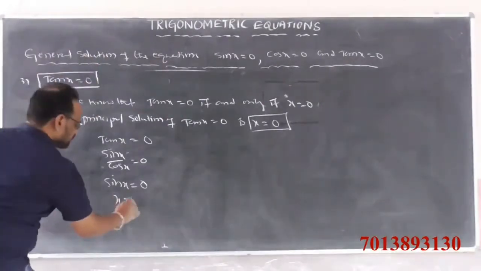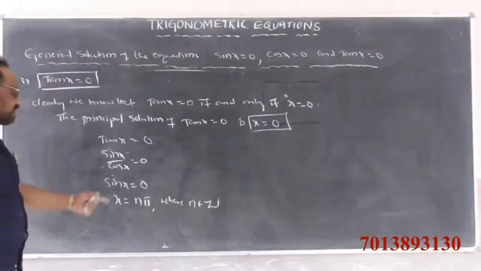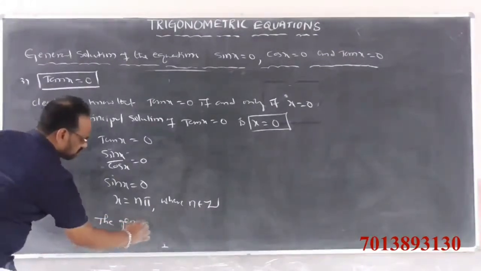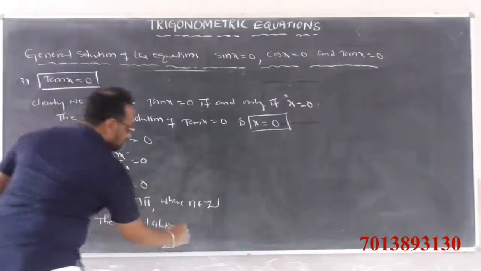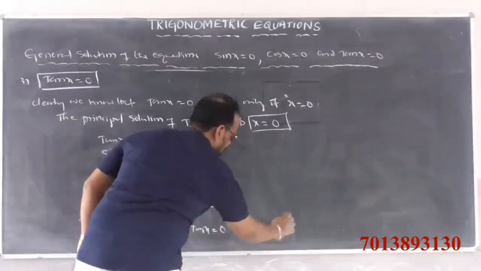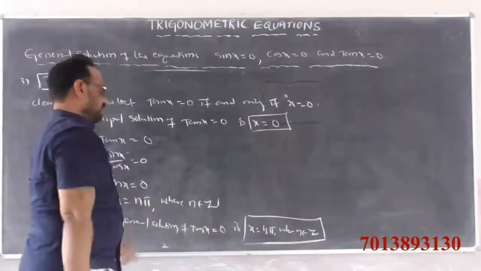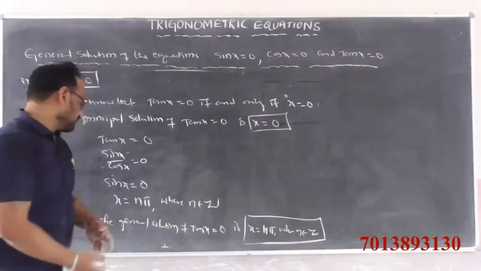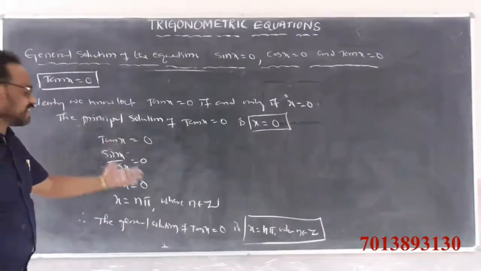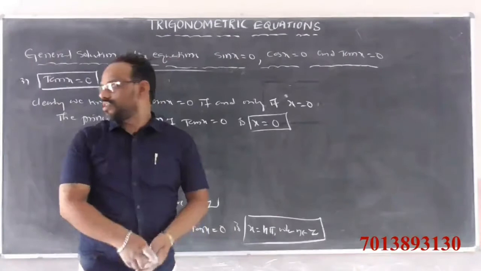So clearly x is equal to n pi where n belongs to Z. Therefore the general solution of tan x equals 0 is clearly x is equal to n pi where n belongs to Z. N pi is the general solution of tan x equals 0.